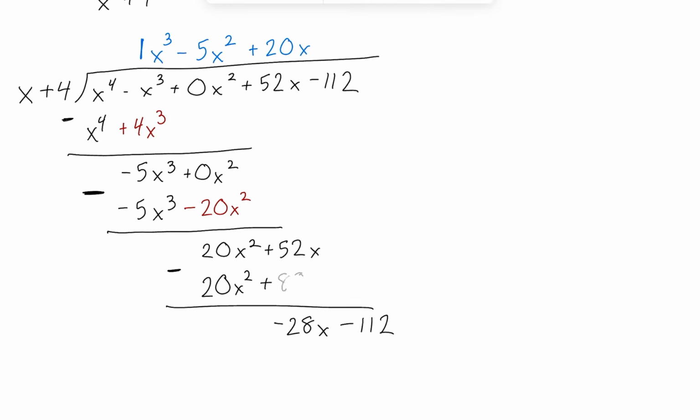This should be pretty clear that x times negative 28 is going to be negative 28x. And then 4 times negative 28 is negative 112.